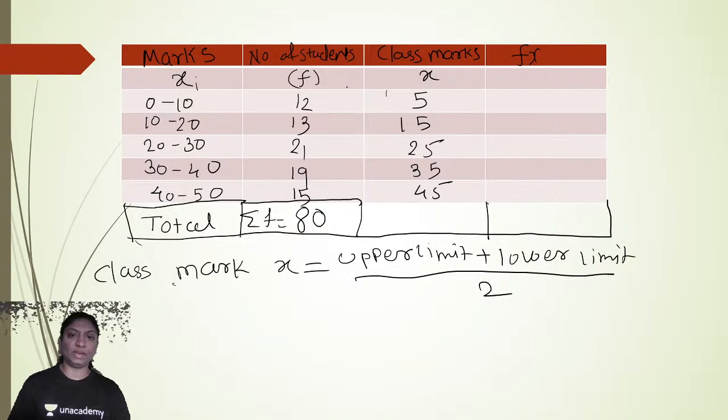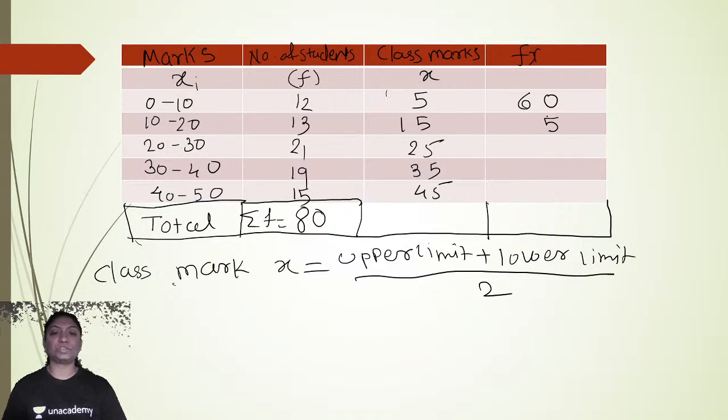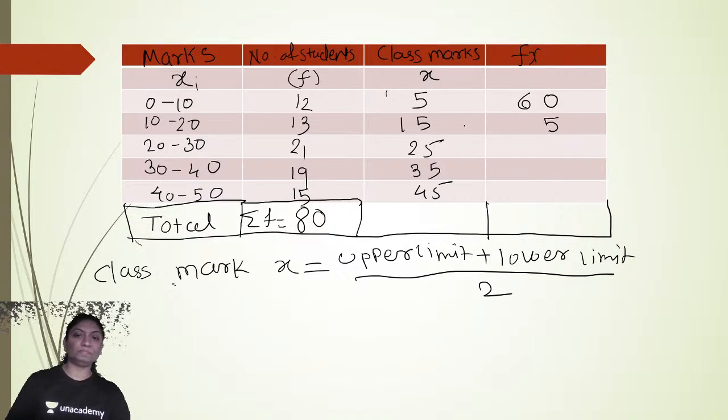Now f into x. Now calculate f into x. So here is, okay, 13 into 15. स्टैटिस्टिक्स के लिए आपका कैलकुलेशन स्ट्रांग होना बहुत जरूरी है.